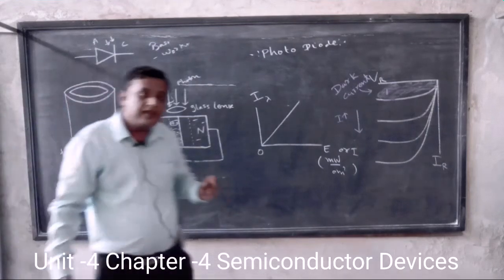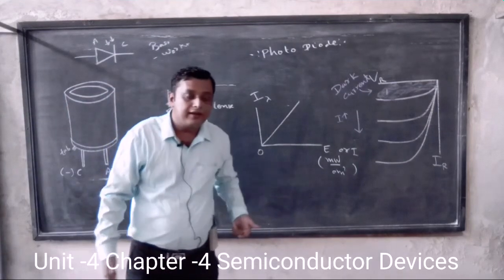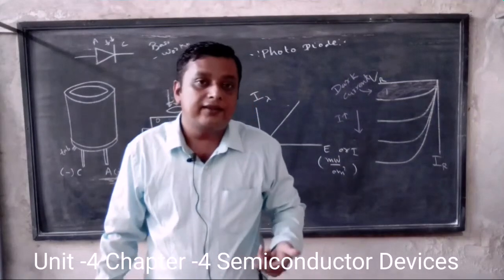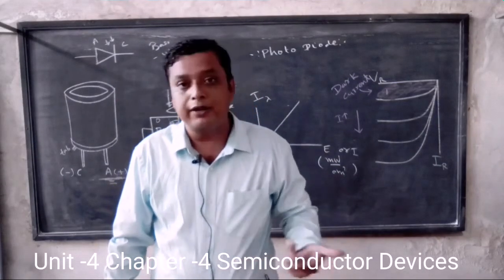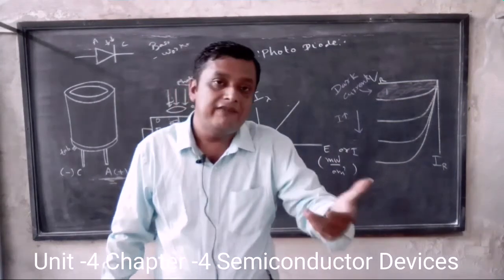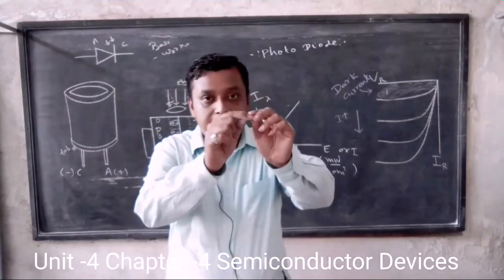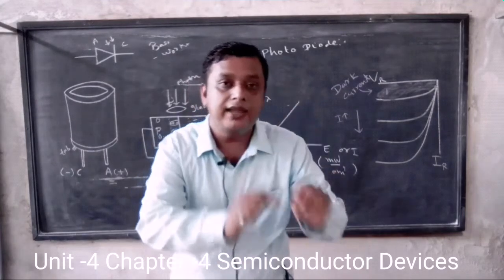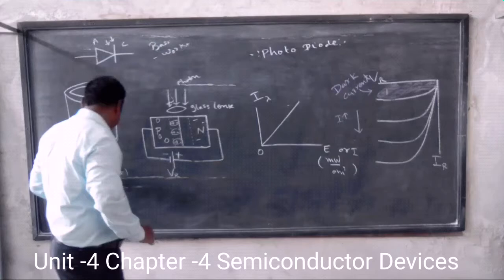The anode is taken from the p-type semiconducting material. In a p-type semiconducting material, the majority charge carriers are holes, and each and every hole is positive in nature. So the terminal taken from the p-type semiconducting material is the anode.